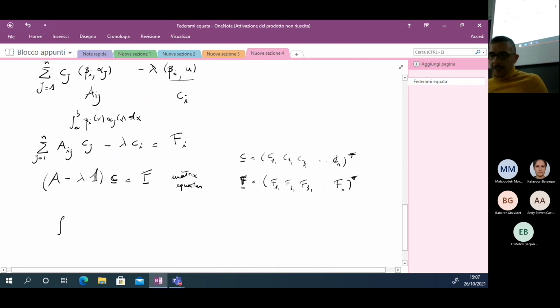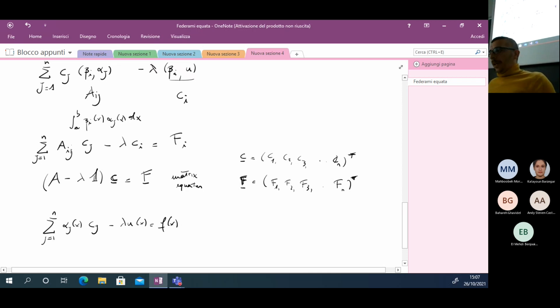We have written this as the sum for j that goes from 1 to n of alpha j of x Cj minus lambda u of x equal to f of x.